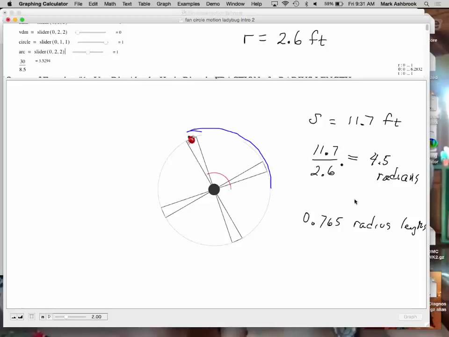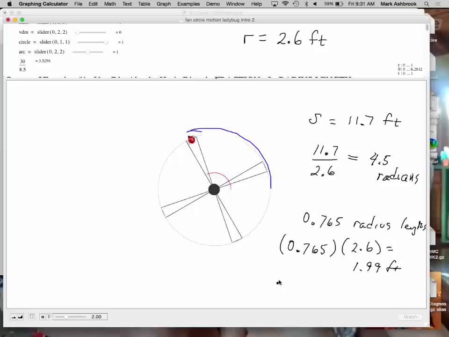If the bug went 0.765 of a radius length and a radius length is 2.6 feet, how far did he go? That fraction of 2.6, and you got 1.99 feet. Almost 2 feet.